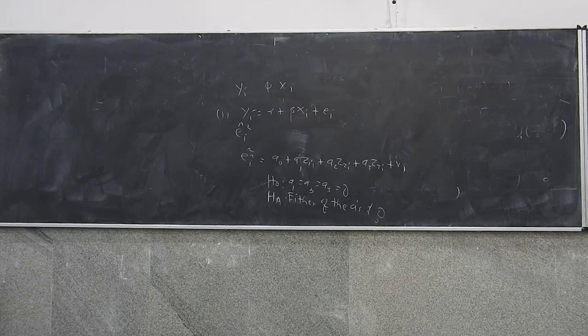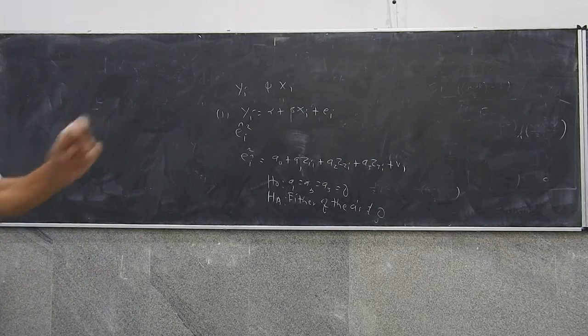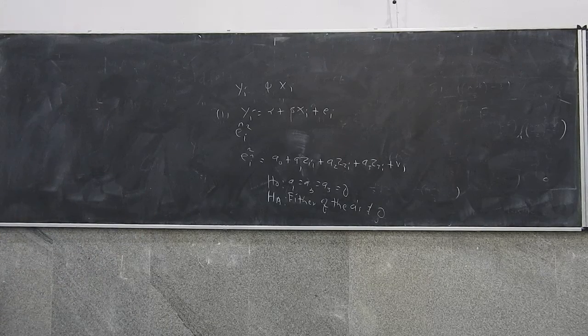So now I want to test that null hypothesis. Everyone understands why that's the null hypothesis we are testing? See, if alpha 1, alpha 2, alpha 3 are all 0, what would this model be? e hat i square is equal to alpha 0 plus e_i.